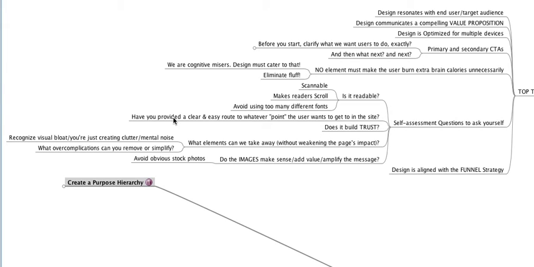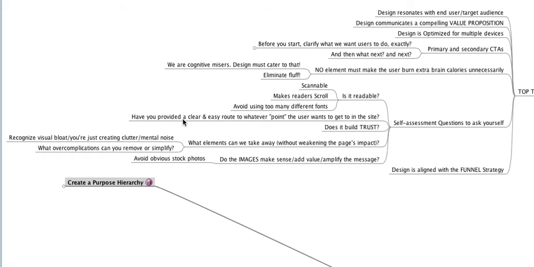Another important thing is to make sure that you provide a clear and easy route to whatever point the user wants to get to in the site. So because it is a homepage, the homepage should be designed so that regardless of what the reader's goal is, and it could be anything, right?